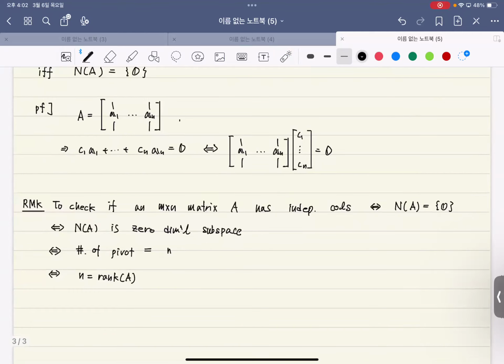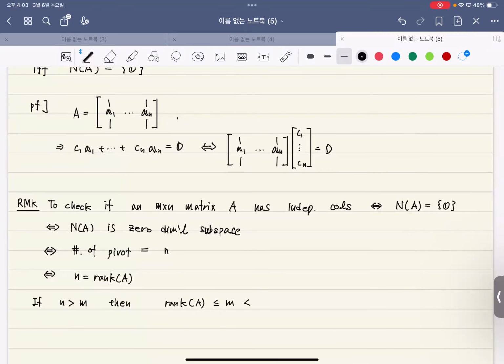So if n is greater than m, if A is a wide matrix, then the rank of A, which is the number of pivots, cannot exceed m, but this is clearly less than n, right? Therefore, the rank of A can never equal n.